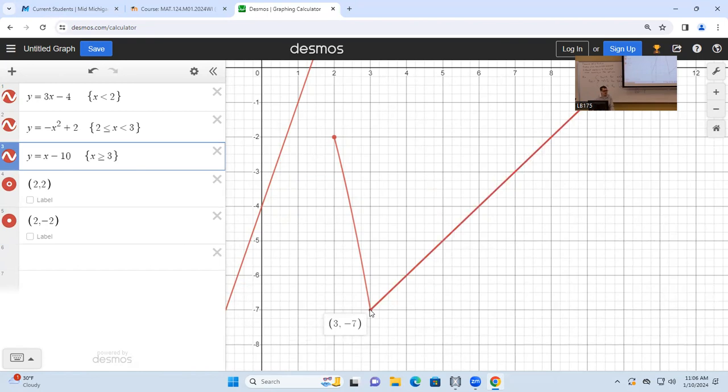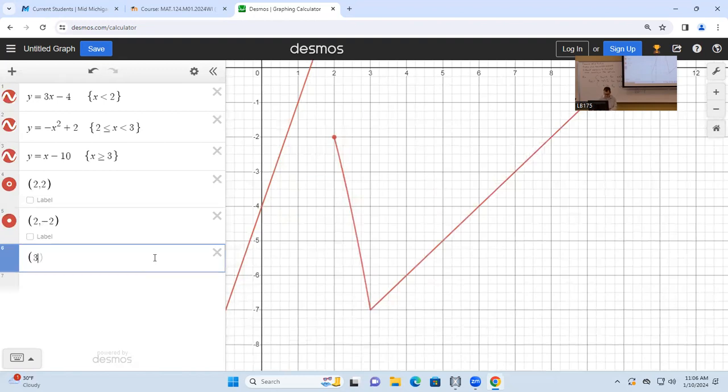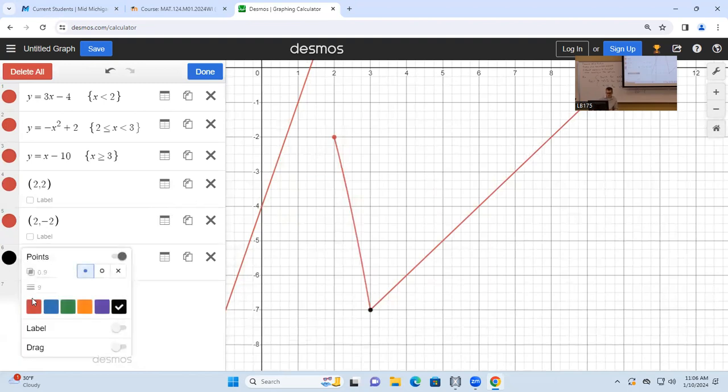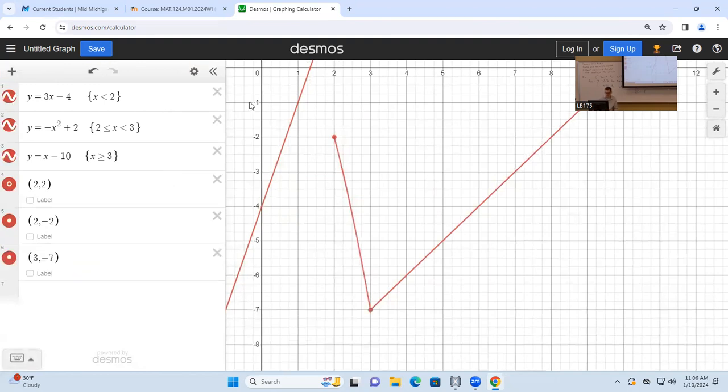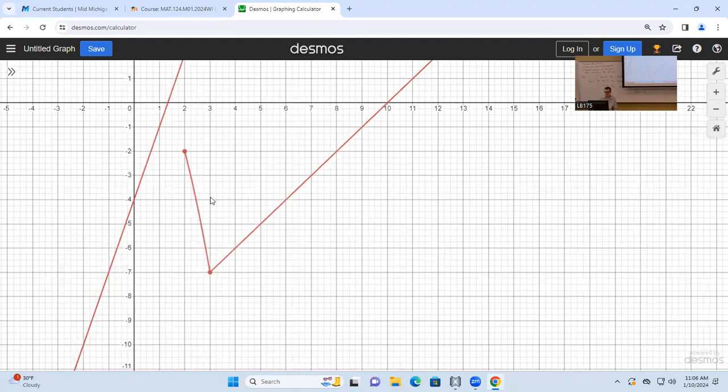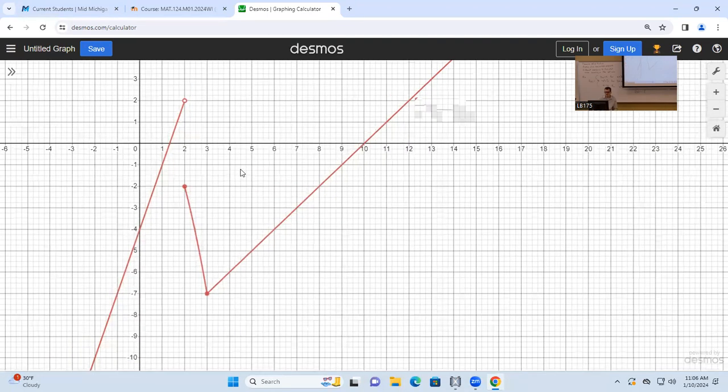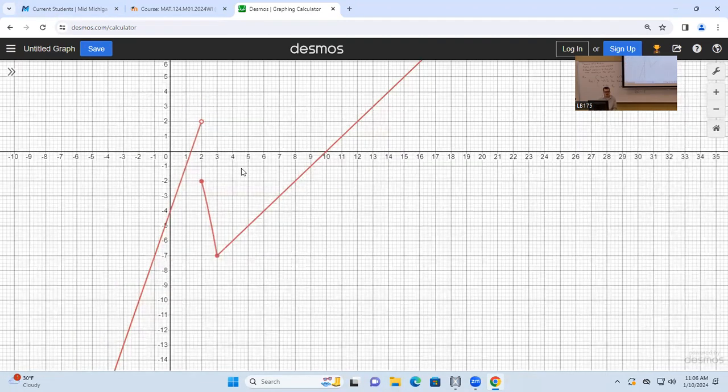See that? 3, negative 7. So this piecewise defined function looks like that, graphically.